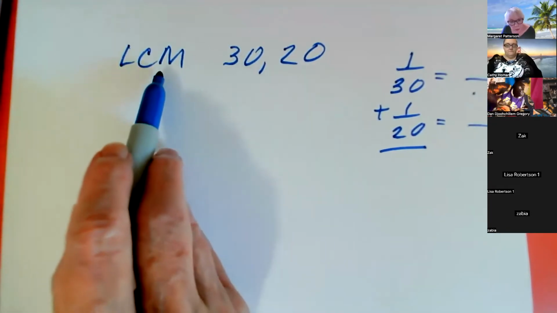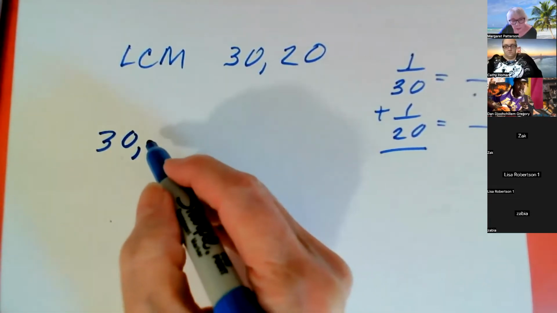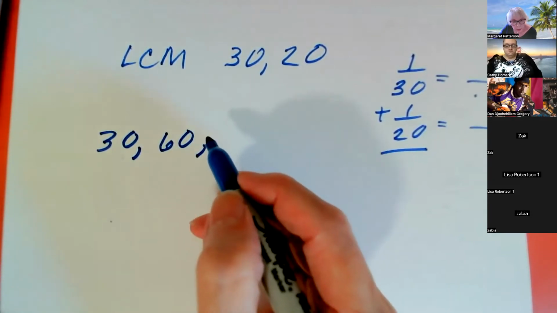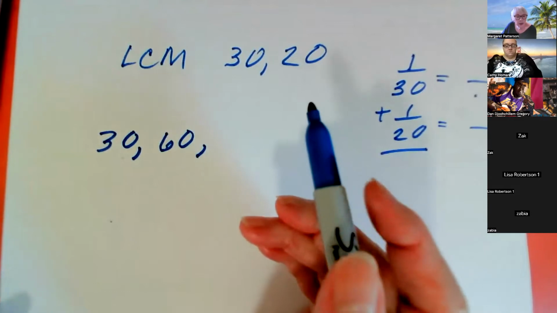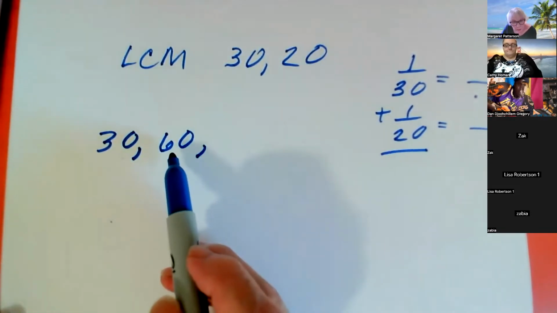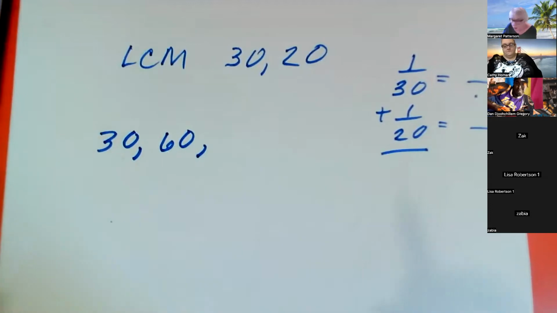Doing it as a multiple, the multiples of 30: 30 times 1 is 30, 30 times 2 is 60. And before I go any further, the 20 would work with 60, wouldn't it? Yep. And so I'm seeing 60.